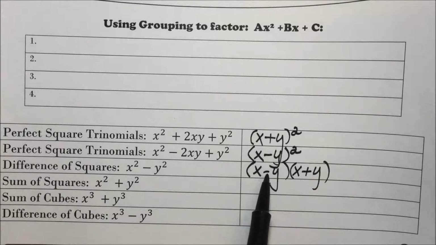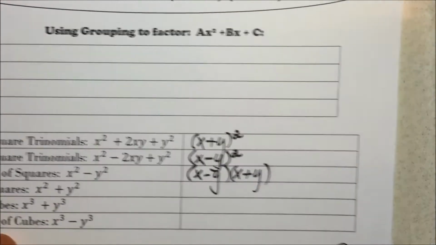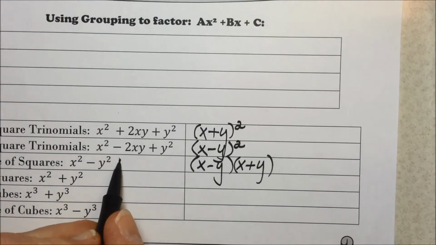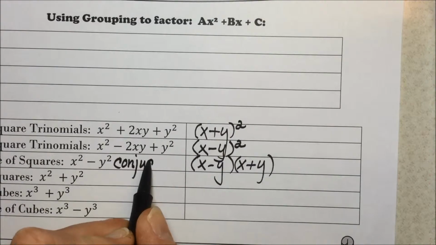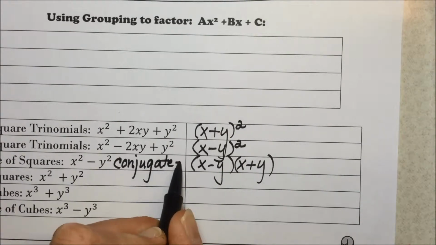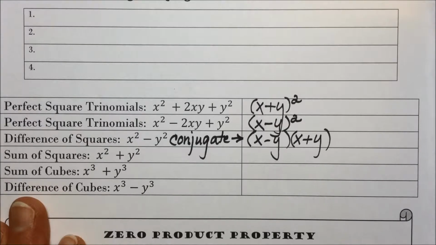And it doesn't matter if you start with a subtraction or a plus, it's just so that one has a minus and one has a plus. These are actually called conjugate pairs, and the spelling on that is C-O-N-J-U-G-A-T-E. So these are actually conjugates, is the fancy mathematical term for that.